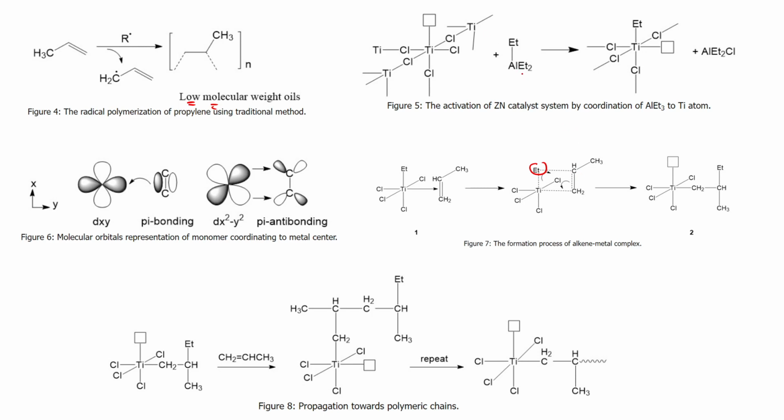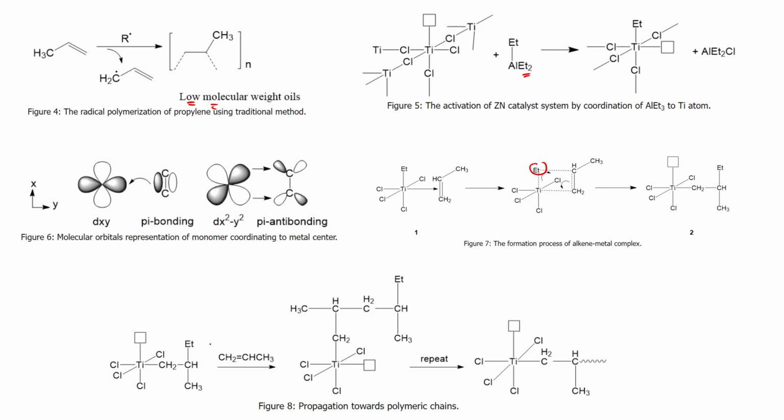With variation of this aluminum-based reagent, which can be methyl, ethyl, and so on, you can expect formation of different polymeric chains. That's a way to make different kinds of polymers, according to your design.